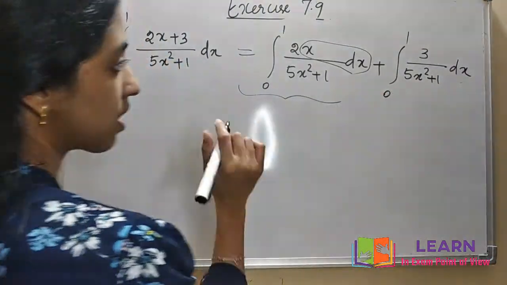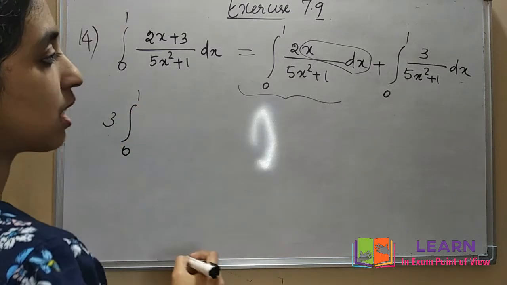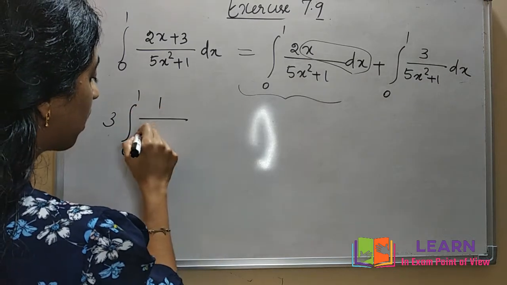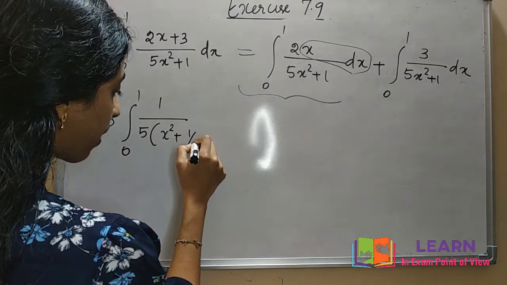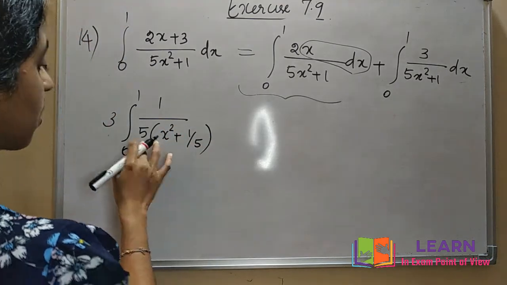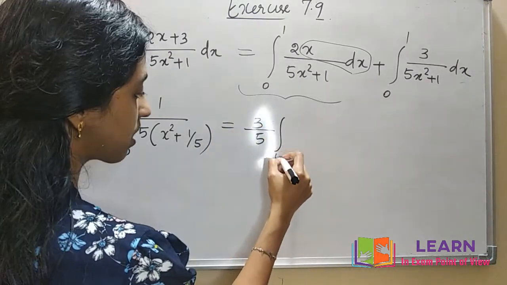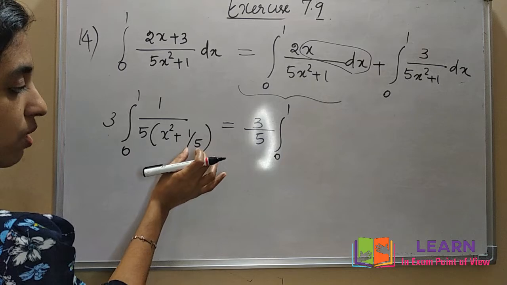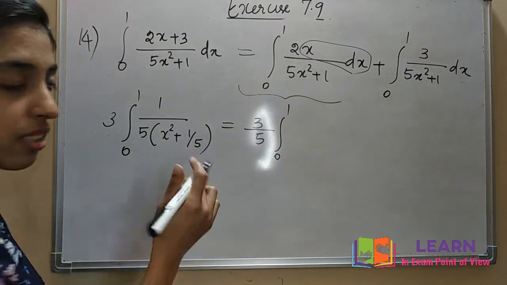So this part integrating: 3 just take outside, 0 to 1. Make it a perfect square. That is, 1 by 5 take outside, you will get x square plus 1 by 5, right? This 5 you take outside, that is 3 by 5 integral 0 to 1. How will this 1 by 5 become a perfect square? 1 by root 5 the whole square, right?